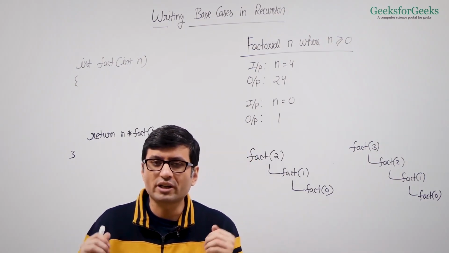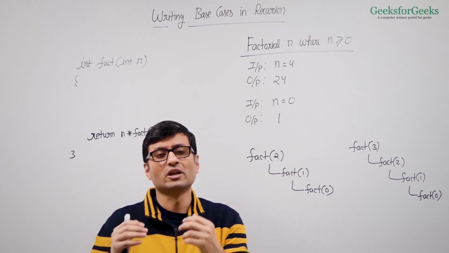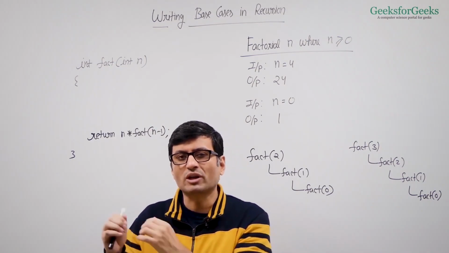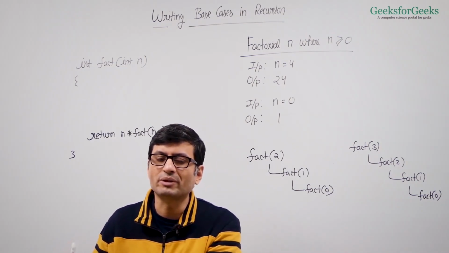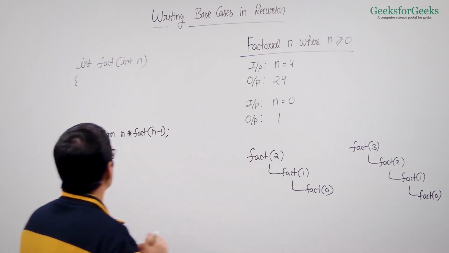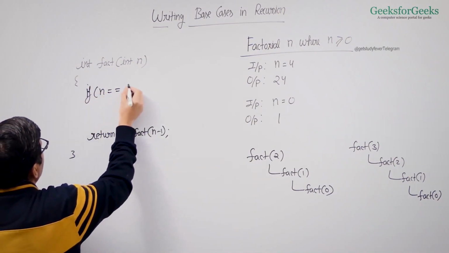Also, every recursive call ends up calling 0, right? Because whatever you begin with, it's going to call with smaller value, smaller value, smaller value, and then it's going to ultimately call for 0. So we write the base case here as 0. If n is 0, then we return 1.